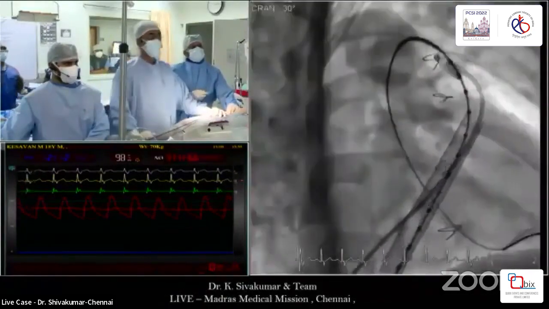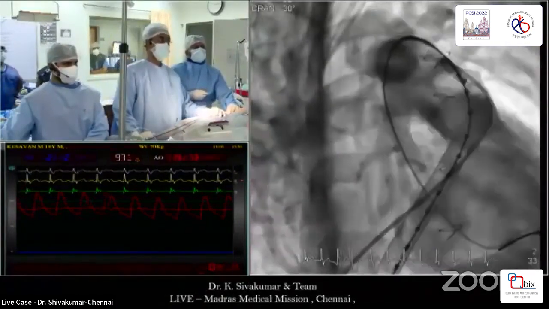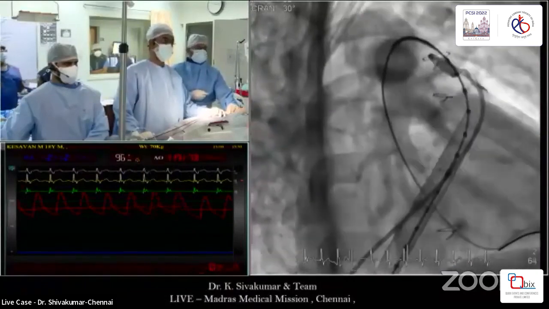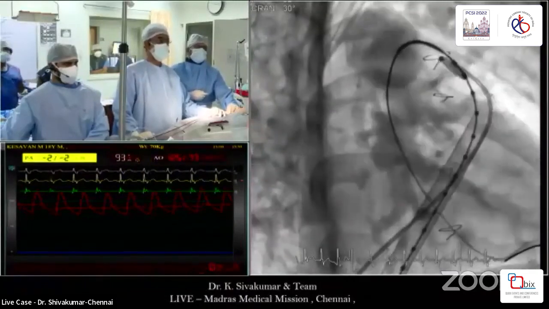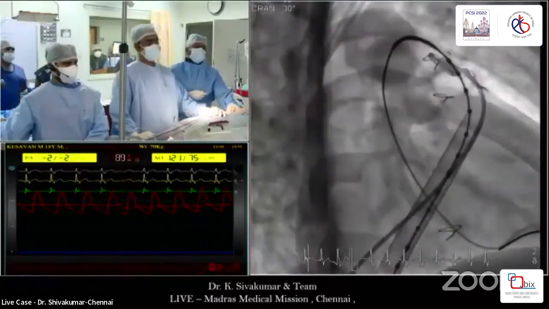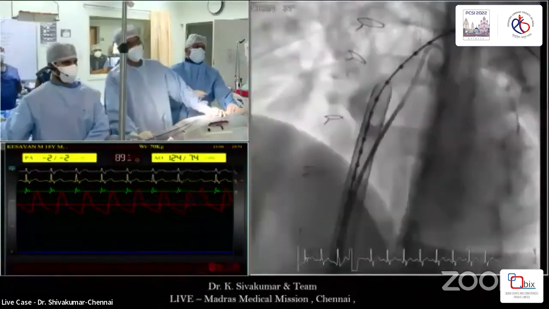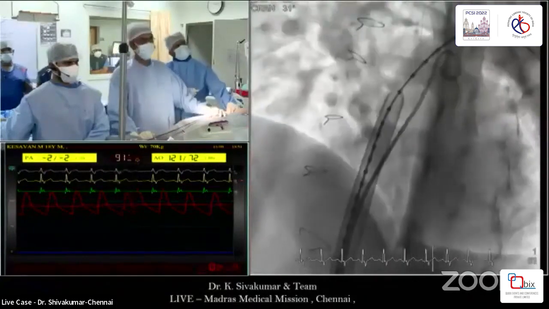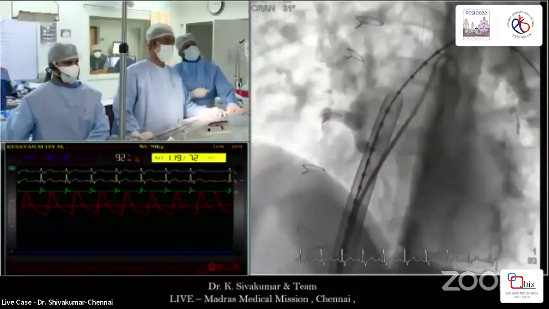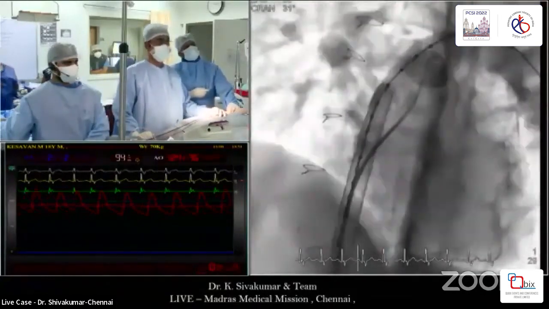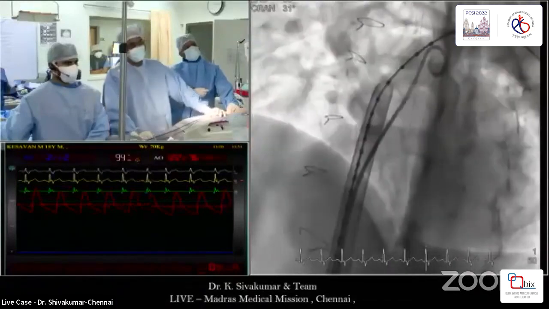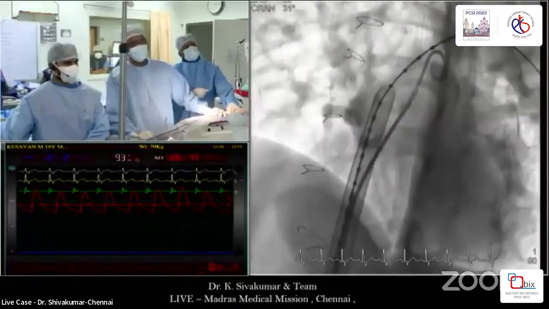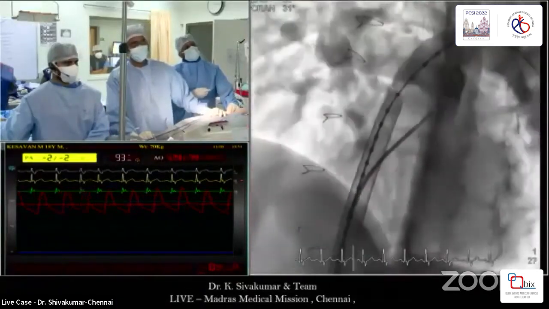Next picture. This is the right anterior oblique projection. In the previous LAO cranial projection, you can see that the proximal RVOT is sort of dilated, whereas the distal RVOT is slightly becoming tapered, indicating that it may be somewhere between a pyramidal outflow tract and a tubular outflow tract.